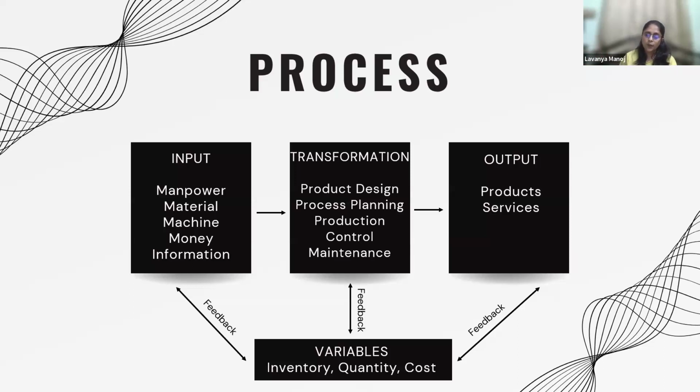So 5 or 6 products will be damaged during the production process. So you cannot say exactly that this would be the exact quantity at the end of the output. So it's a variable.